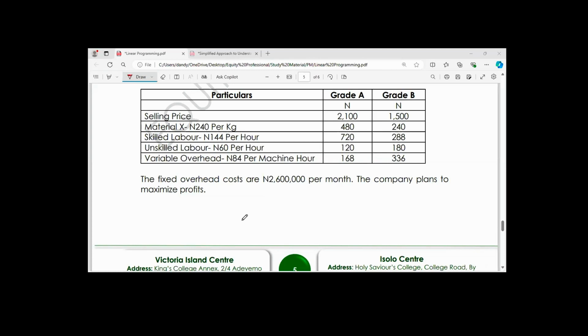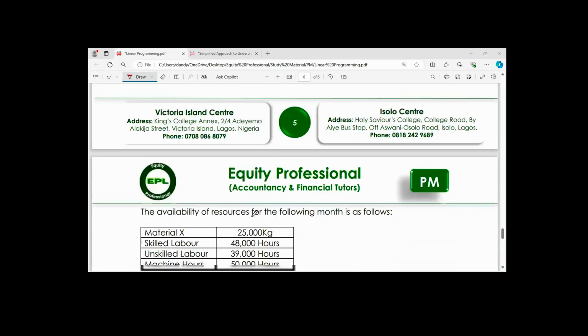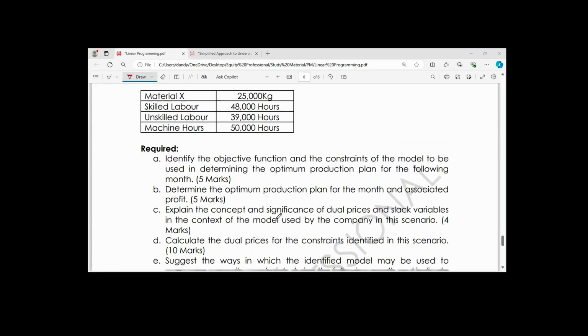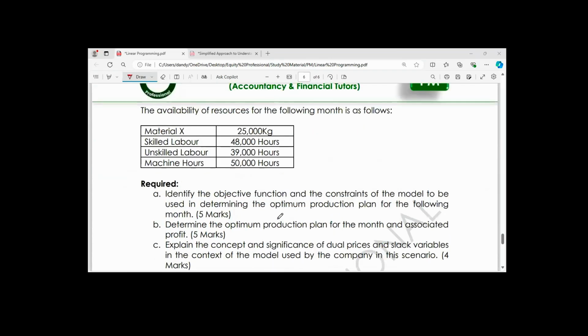The availability of resources for the following month is as follows. Materials 25,000 kg, skilled labor 48,000 hours, unskilled labor 39,000 hours, machine hours 50,000 hours. Required: A. Identify the objective function and the constraints of the model to be used in determining the optimum production plan for the following month. B. Determine the optimum production plan for the month and associated profit.